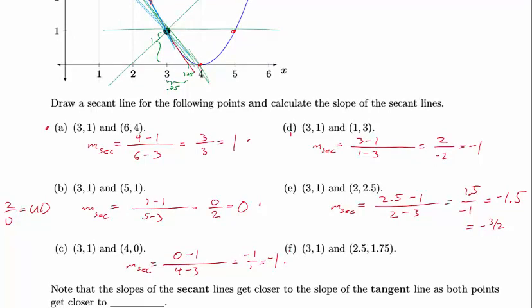And so when you calculate the slope of the secant line, you get the following. We get 1.75 minus 1 over 2.5 minus 3. And so when we calculate this through, we get 0.75 divided by negative 0.5.